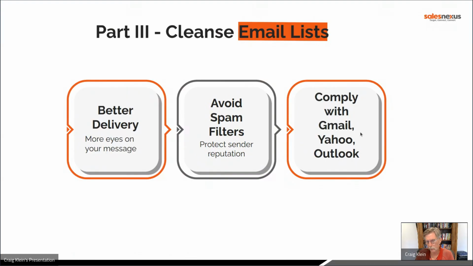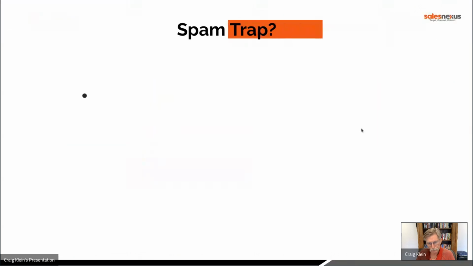And then you also want to make sure that you're complying with all the Gmail and Yahoo and Outlook validation stuff. They keep changing that. You've got to keep up to date on that. We do that for you if you're a Sales Nexus customer, but it is something to pay attention to. What I mean by that is DKIM and SPF and DMARC and all that stuff.